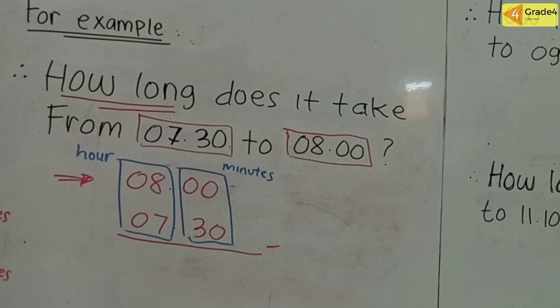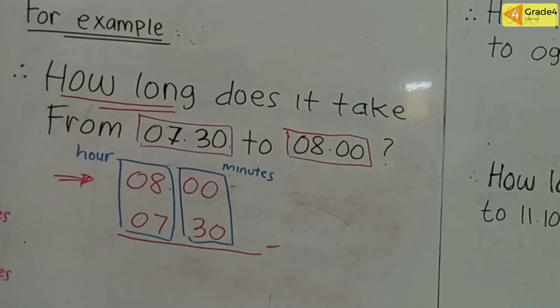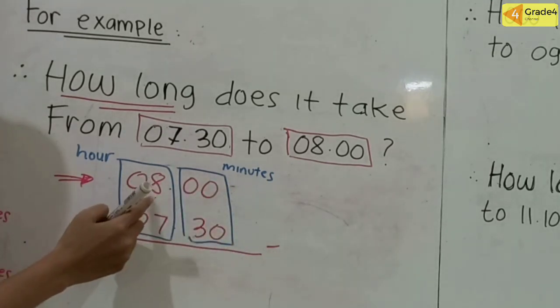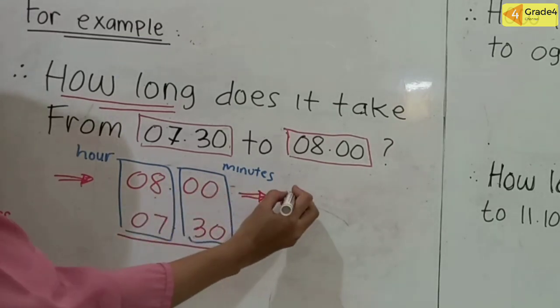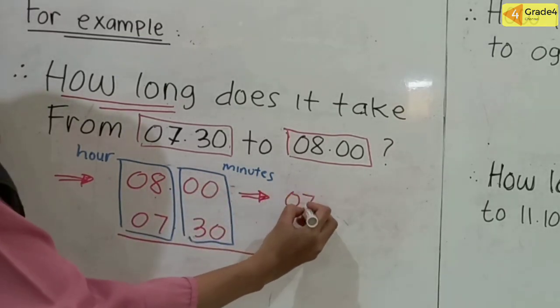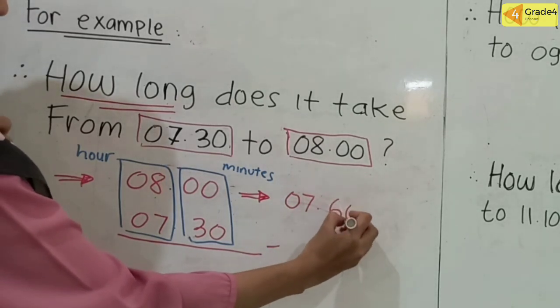Cannot. So we can borrow from here, but because we learned about time, if we borrow 1 from the hour, it becomes 7.60.